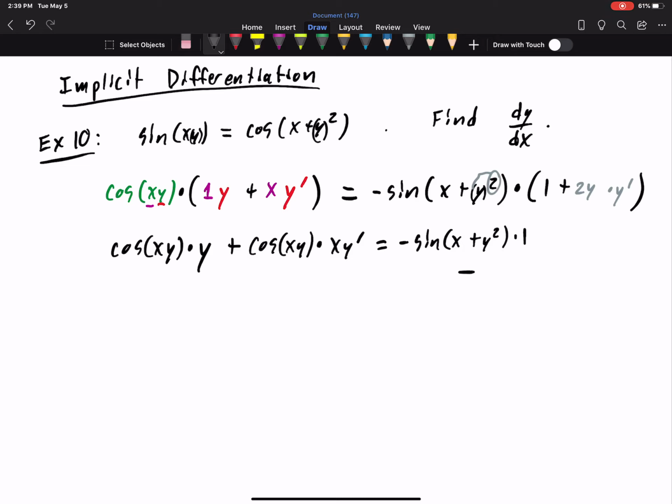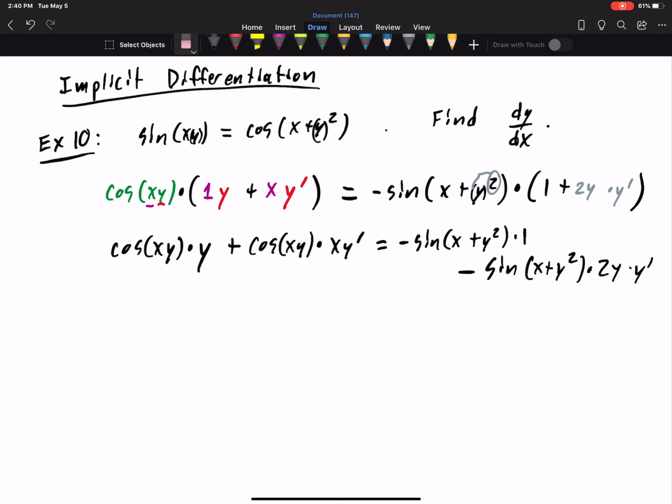Then we have minus sine of x plus y squared times 2y times y prime. There we go. So the reason we just distributed all of this is so that we could isolate our y prime stuff and our non-y prime stuff, because we have it kind of grouped together inside each of these parentheses here. We have some y prime stuff and we have some non-y prime stuff. So distributing separates it to some extent.